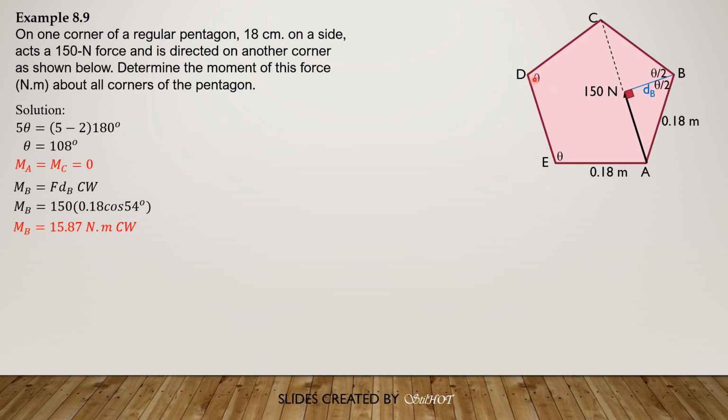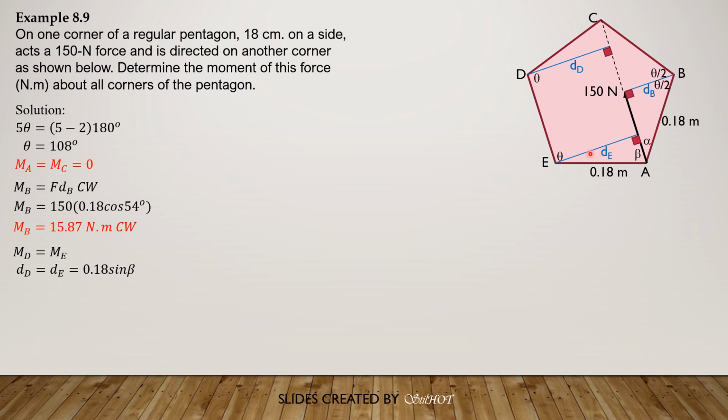Now let's solve for the distance D. Moment D equals moment E as expected. It is equal to 150 times distance D, or distance E, and that is counterclockwise. So considering this triangle here, the angle here is 90 minus theta over 2, or 90 minus 54. So this is 36. And the angle here is interior angle 108 minus 36. So alpha is 90 degrees minus 54.